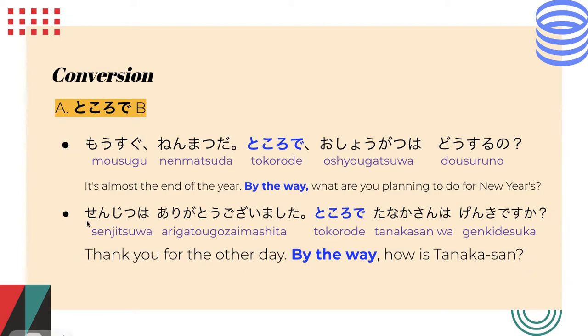To say this in Japanese, it will be 先日はありがとうございました。ところで、田中さんは元気ですか？So, thank you very much for the other day would be phrase A. ところで, phrase B, how's Tanaka-san doing?